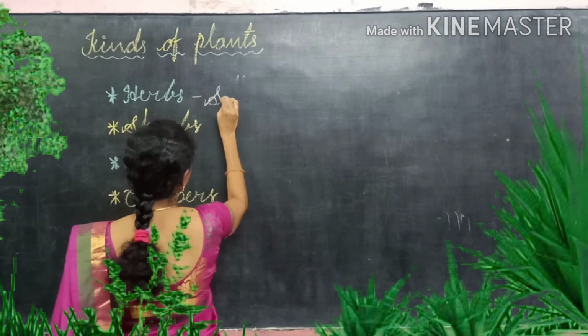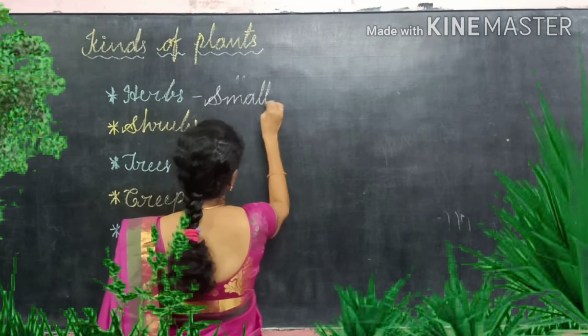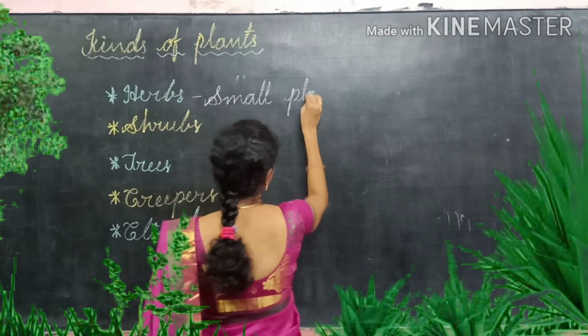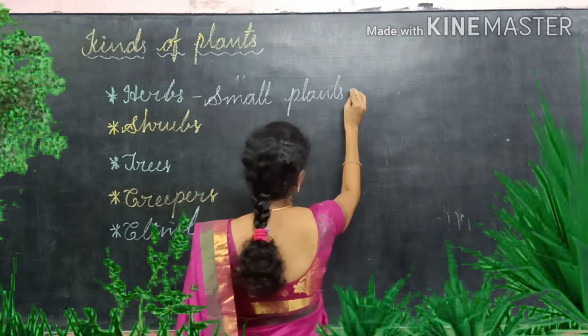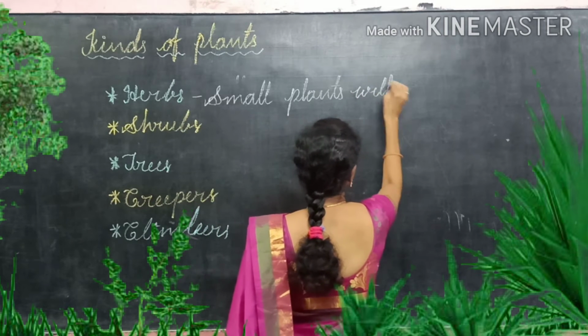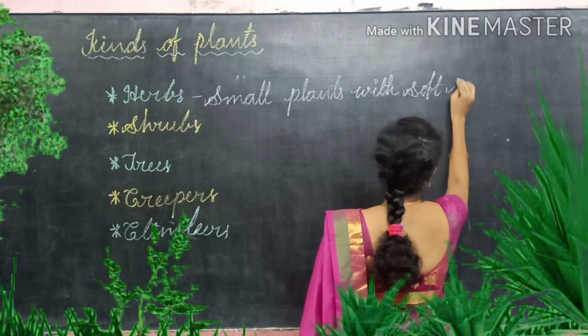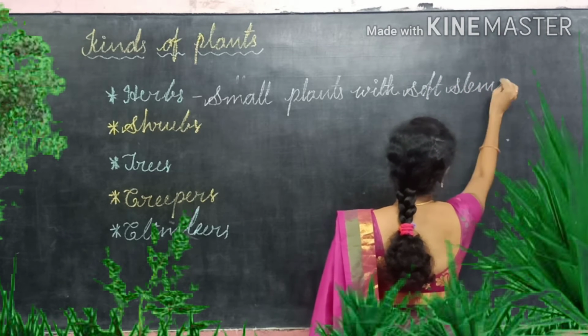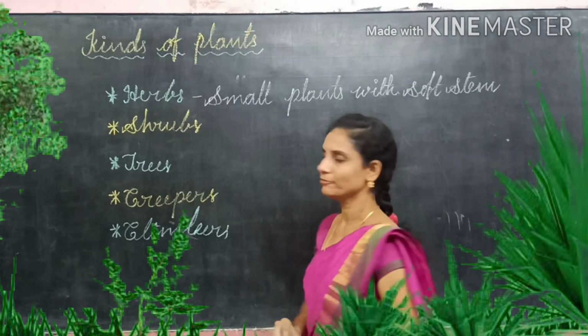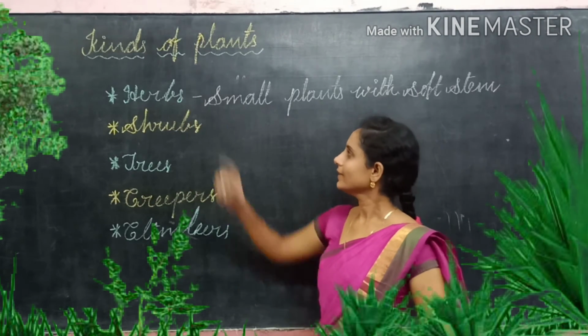So what are herbs? Small plants with soft stem are called herbs.